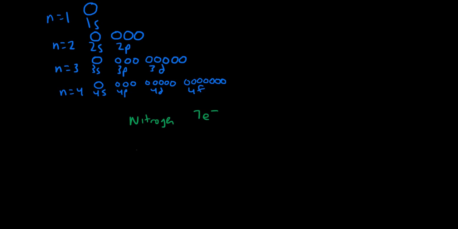So when we write out the electron configuration, we're going to have a line to represent the orbital. And then we're going to look on the diagram and we're going to draw some diagonals.